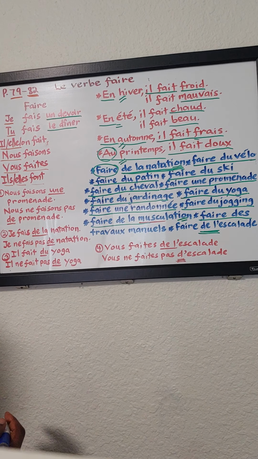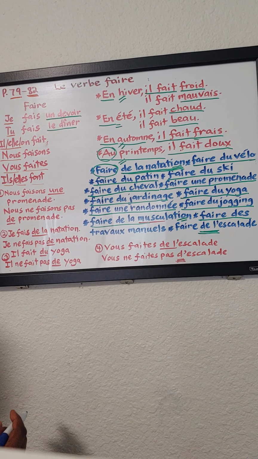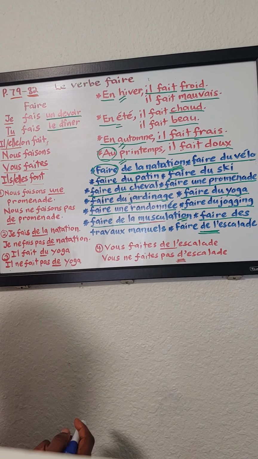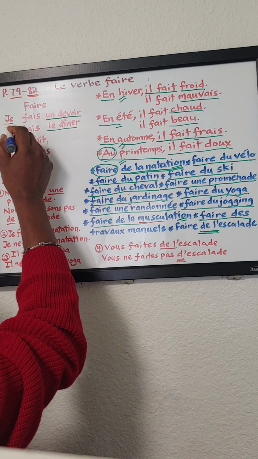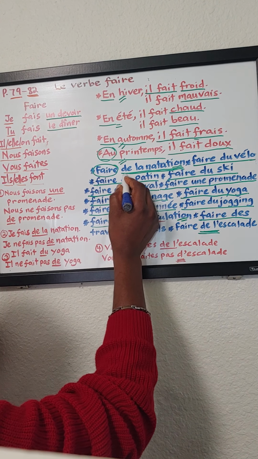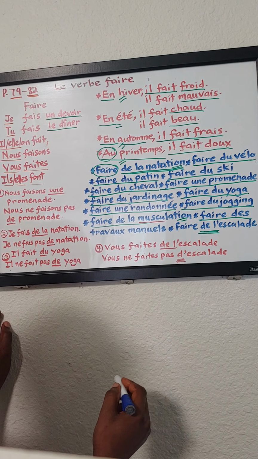So to say I'm going swimming, or I swim, or I go swimming every day, you will say je fais, and then de la natation will follow.